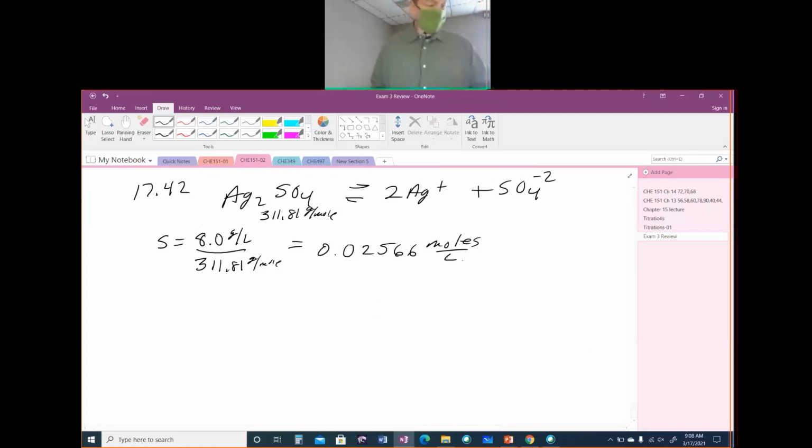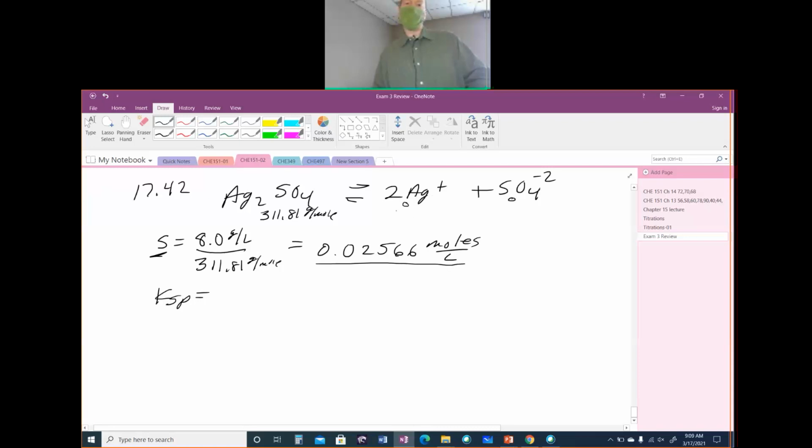All right, and so it says, what is the solubility in 0.45 molar sodium sulfate? They gave us the information of the solubility so that we had to convert it to molar solubility so that we could find the Ksp. So this is going to be 0 initially, 0 initially.